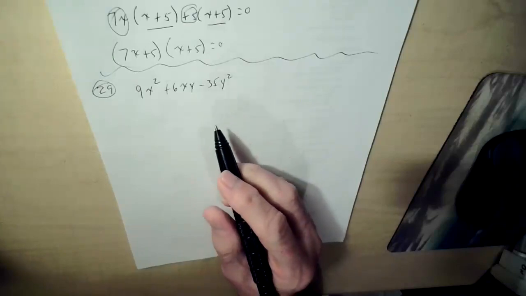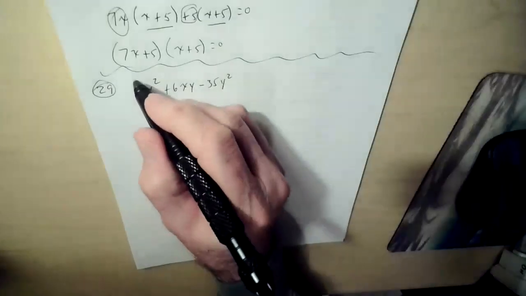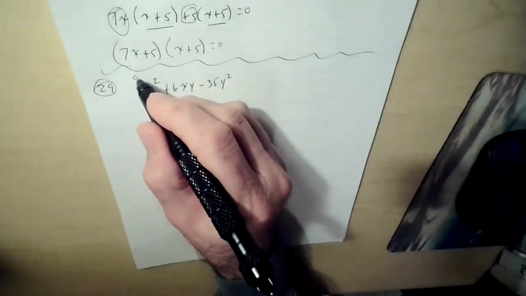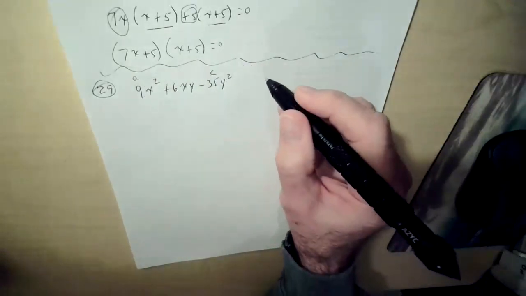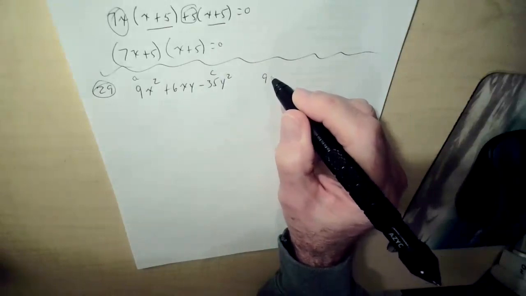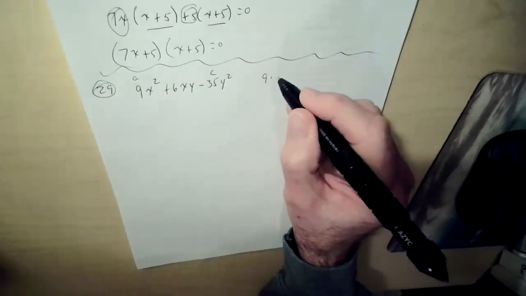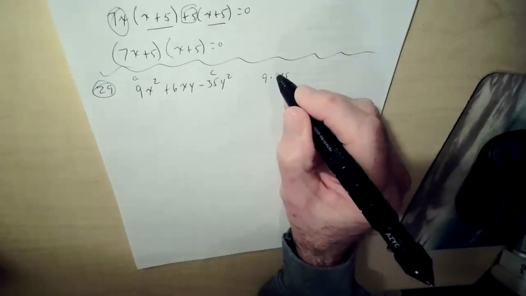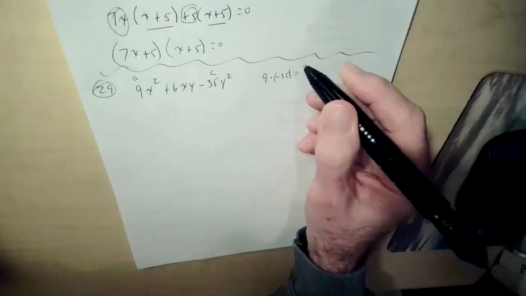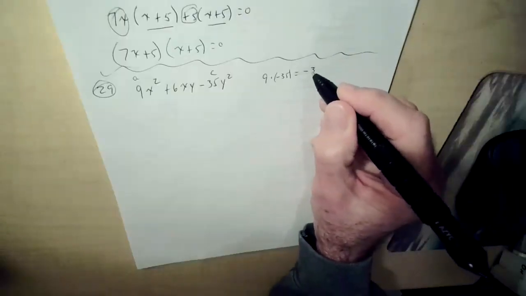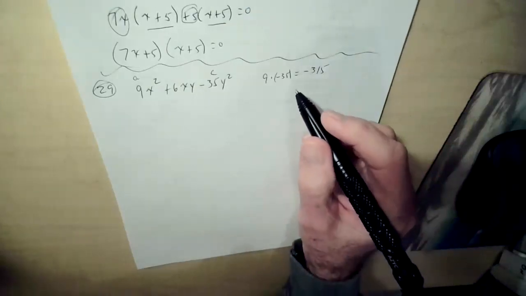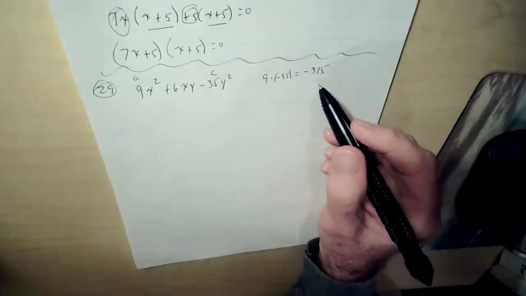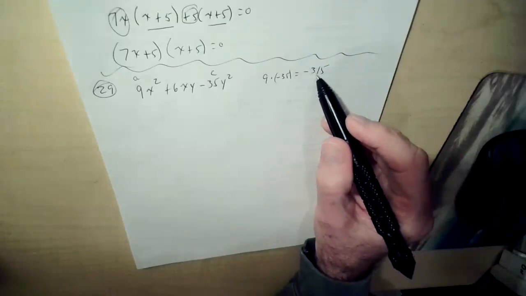Okay? Now we have this. Same problem. The only thing is there's another variable in here that we have to deal with. So the first thing we do is a times c. So this is 9 times negative 35, which is negative 315.